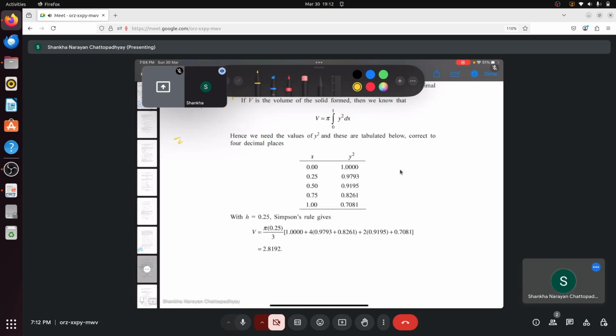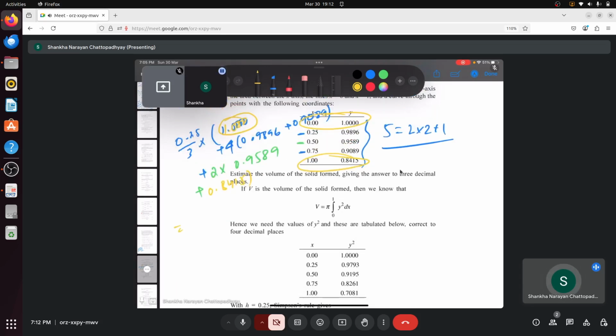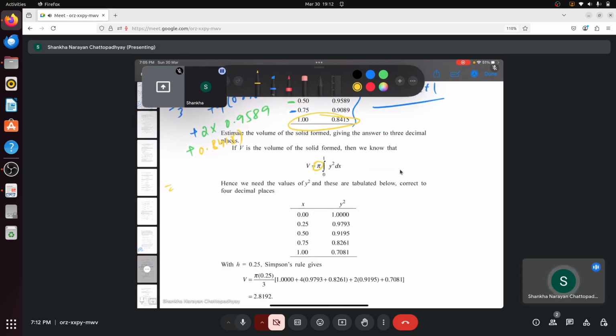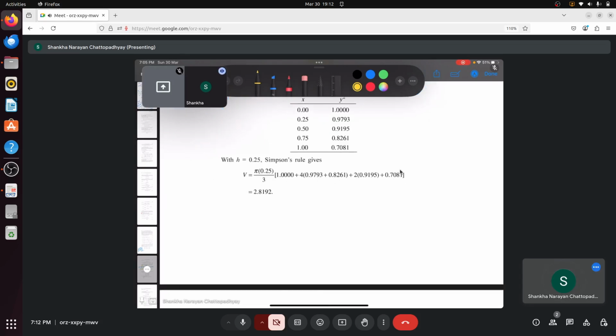Add them up to get the final answer, and there is one pi. Do not forget to multiply this pi, so we will get the final answer to be 2.8192. This will be your final answer.